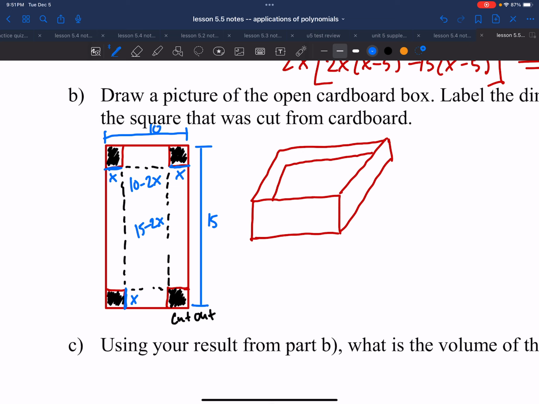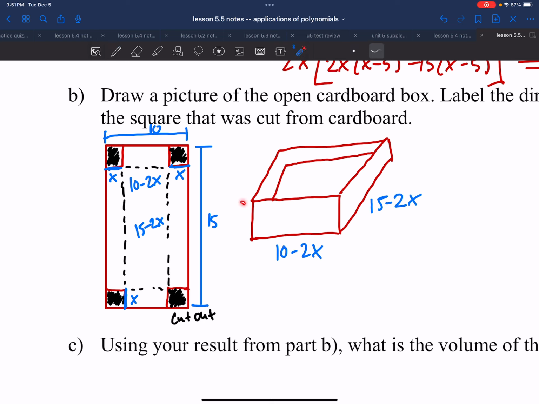And so you can see that this inner perimeter, this border, that's 10 minus 2x by 15 minus 2x. This is the base, that thing I'm highlighting and outlining with my laser pointer, that's the base of this box, right? So the length by width are 10 minus 2x and 15 minus 2x.